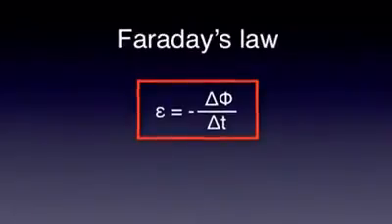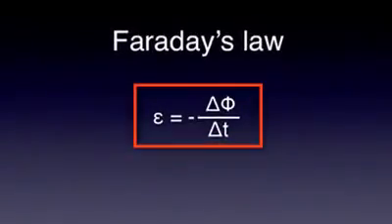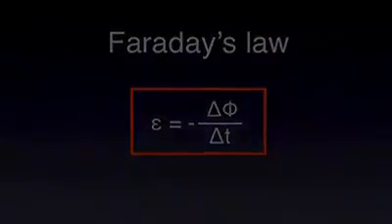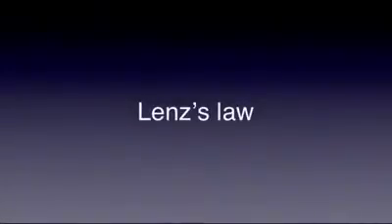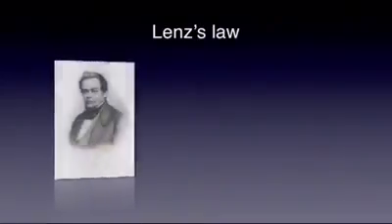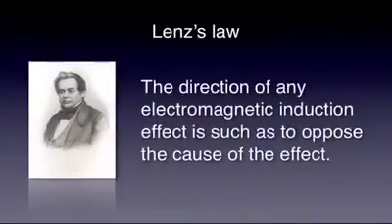In practical situations, the direction of the induced current can be determined by using the so-called Lenz's rule or Lenz's law. Lenz's law states that the direction of any electromagnetic induction effect is such as to oppose the cause of the effect.